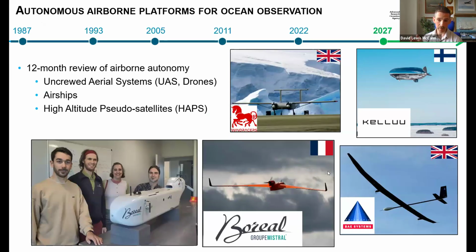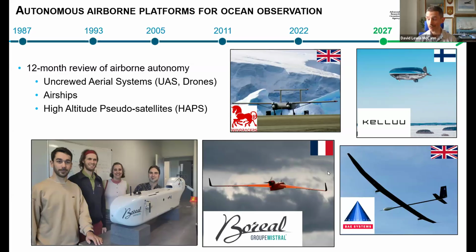So to do this, we have been focusing on innovative autonomous airborne solutions. For the last 12 months, I ran a review of everything that is available, and we had a bunch of front runners. We looked at uncrewed aerial systems or drones.